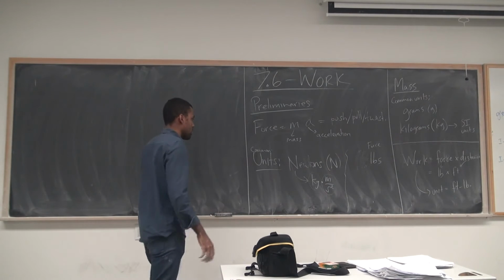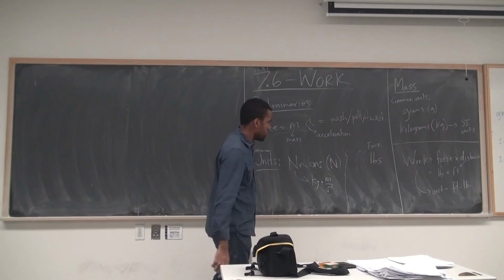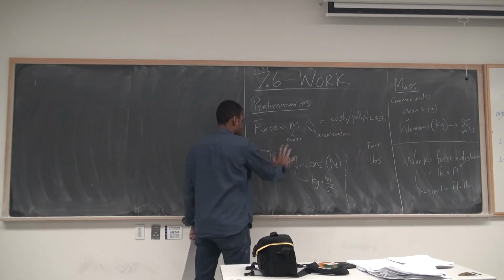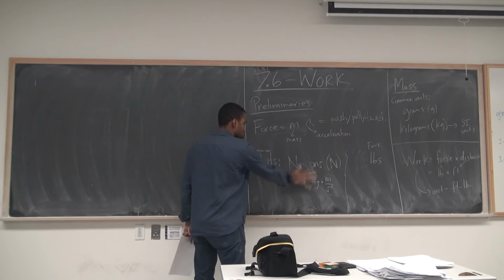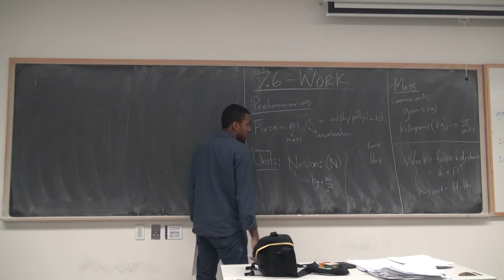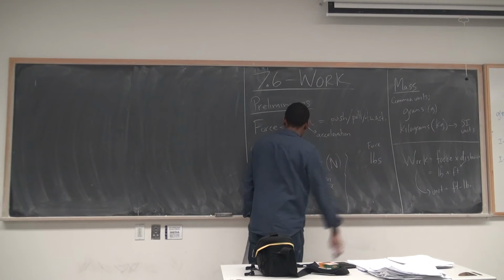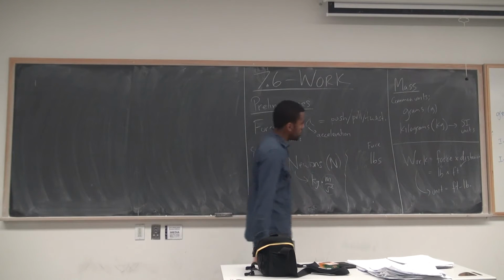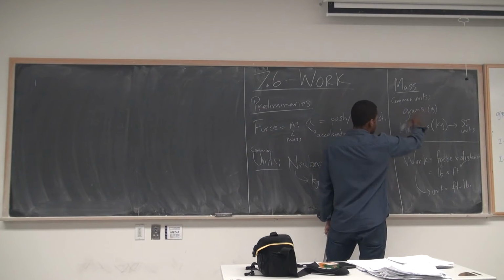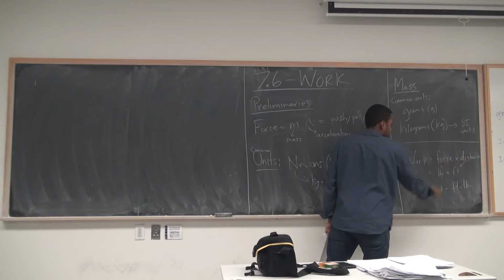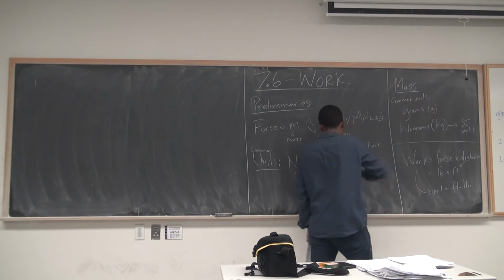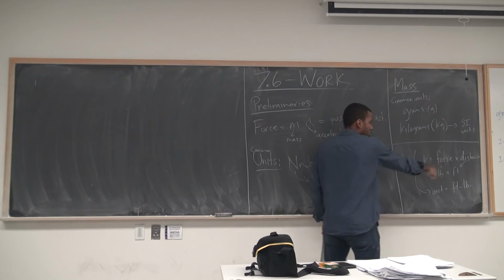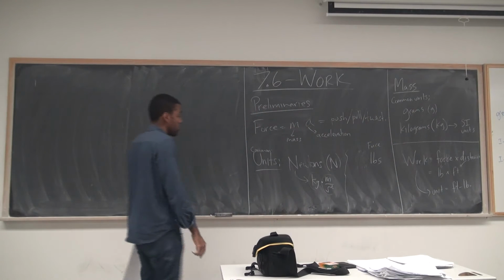Any other units that pop up, I'll talk about, but these are the main ones. So in the metric or physics system, you'll use newtons, kilograms, meters, and seconds. In the American system, a unit of force would be pounds. Mass is usually grams or kilograms, and work would be force times distance, and the original units you use for the previous ones will determine how the units for work will look.